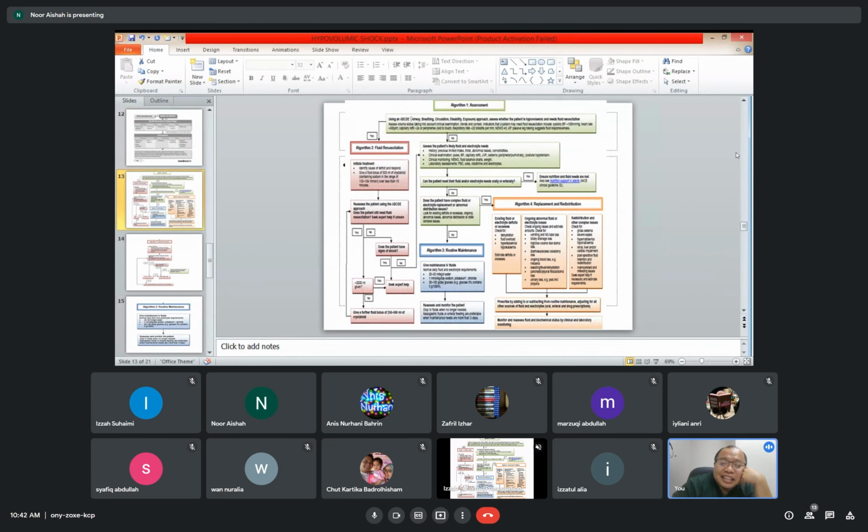Dan of course lah, tulisan kecil-kecil, padat-padat ni tak nampak lah. Kalau pancar pun tak nampak juga. So anyway, any questions about hypovolemic shock? Ada soalan? Tidak ada soalan? Nak tanya Aisyah?